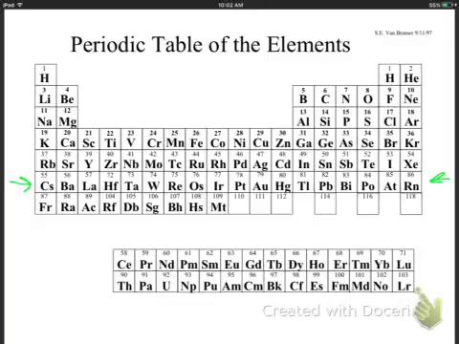So the smallest atomic radius is always going to be over here, and that'd be radon, followed by polonium, followed by mercury, then barium, and then cesium would be slightly larger than barium. So across a period is kind of counterintuitive. You just kind of have to commit that to memory.